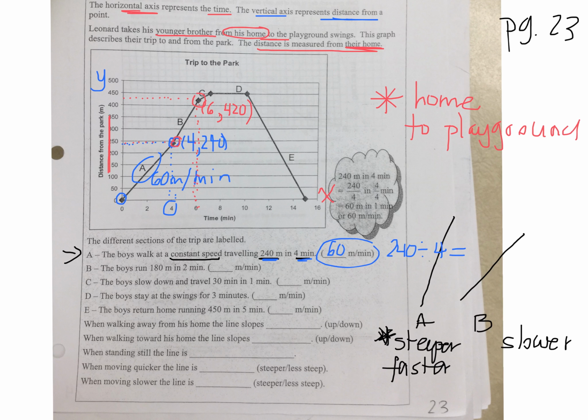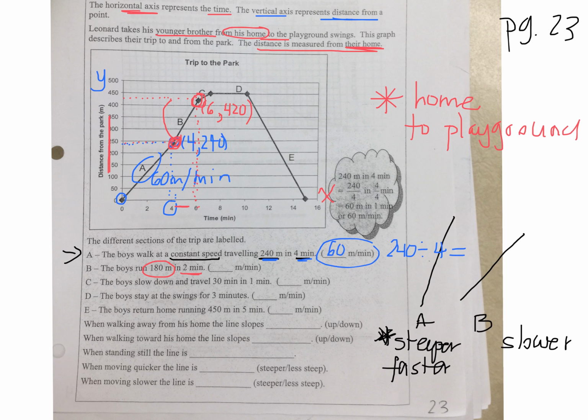So how far did they travel from B to C? If they were at 240 meters and they reached 420 meters, what's 420 take away 240? 180 meters. From here to here, only 2 minutes passed. So they traveled 180 meters in 2 minutes.